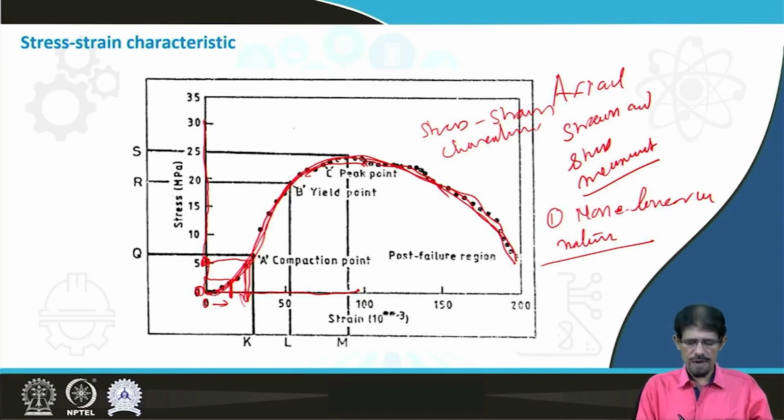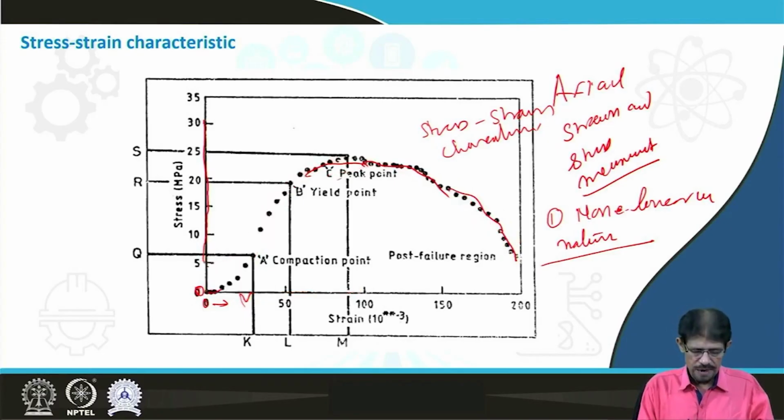If we analyze this stress-strain curve, we can see this type of non-linear zone, where with decrease in strain rate there is increment in strain with respect to stress, and it is curved in nature.